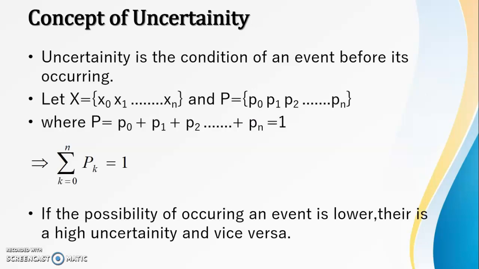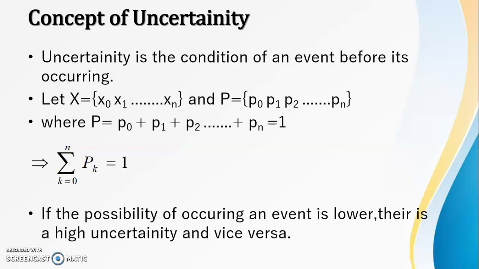Now comes the concept of uncertainty. Uncertainty is the condition of an event before it occurs. Suppose a student gives an exam. Before publishing of the result, the student is not sure whether he passes the exam or not. So before the result, the condition is called uncertainty.